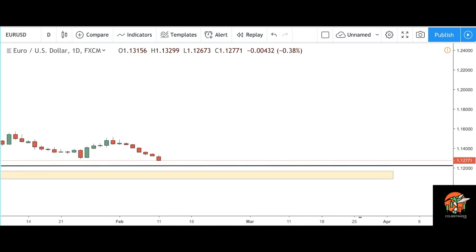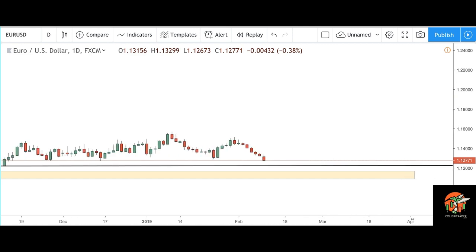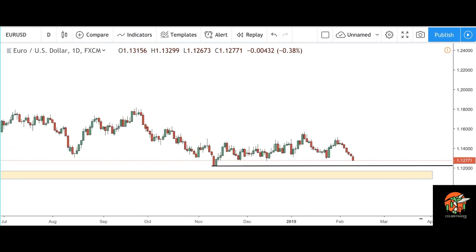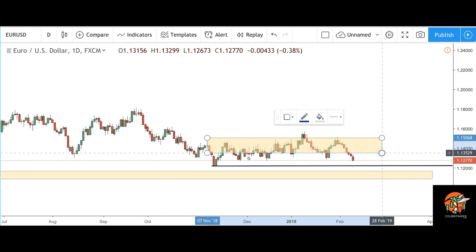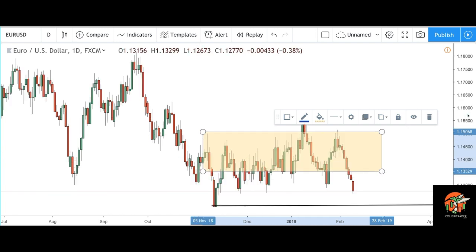What else am I seeing on this chart? If I zoom in slightly, not that much, I'm trying to show you a supply area which was formed here. Give me one second, guys. You can see this big green candle, and then a small cluster of candles here.